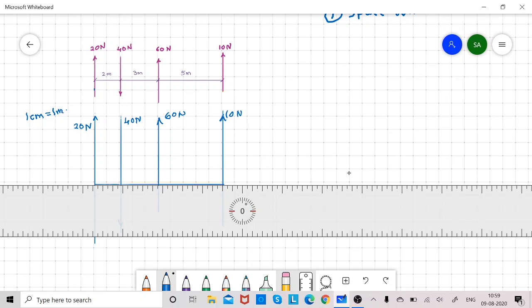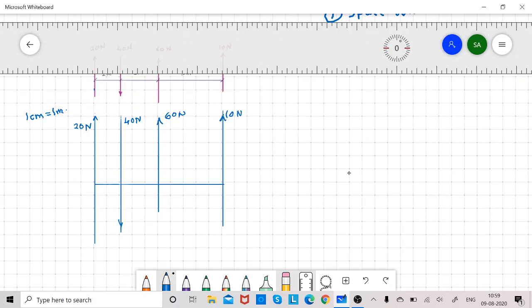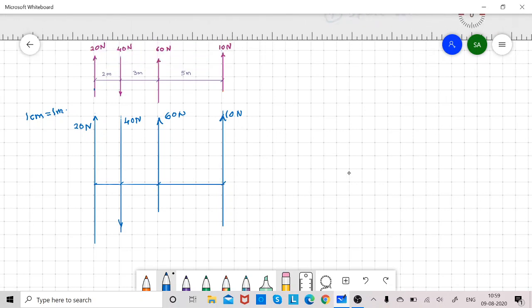See this distance. Here I am drawing 1 centimeter, this 2 centimeter, and this 5 centimeter. Actually it is 2 meter, but as the scale is 1 centimeter equal to 1 meter, it is 2 centimeter, it is 3 centimeter, and this is 5 centimeter.